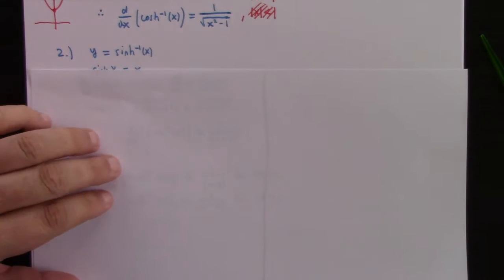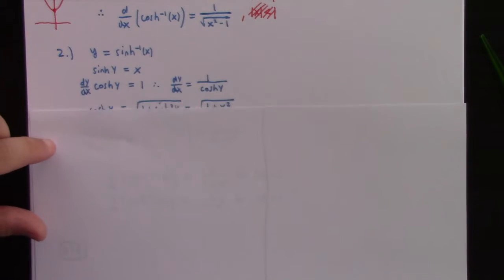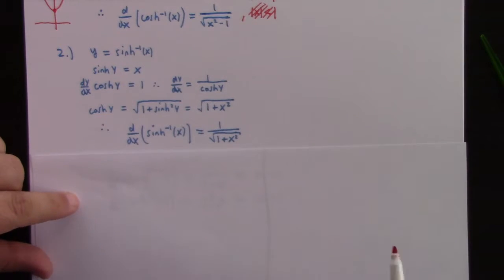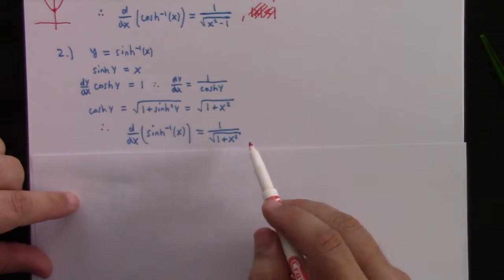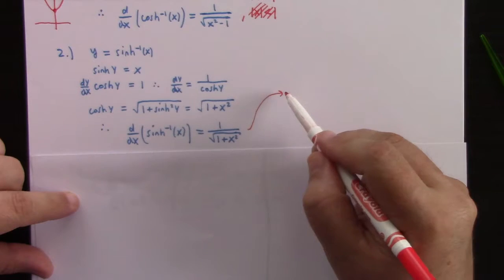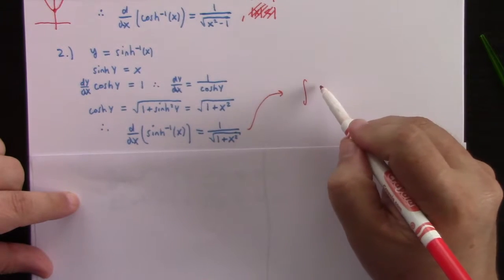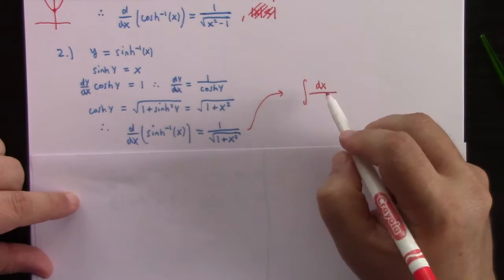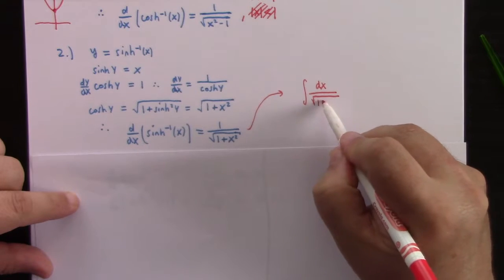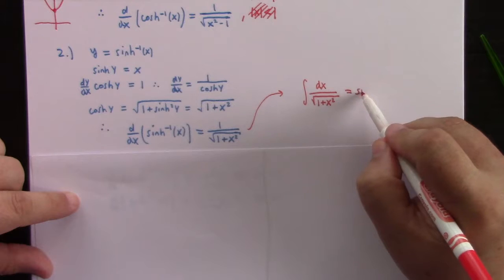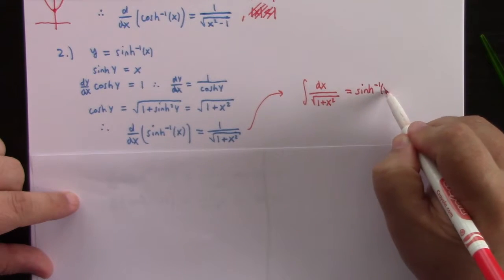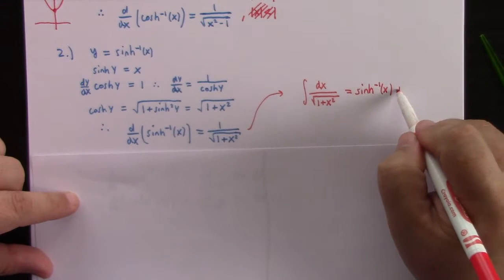The other thing is, for inverse hyperbolic sine, we can go through the same calculation, and it brings us to the fact that the derivative of inverse hyperbolic sine is 1 over the square root of 1 plus x squared. And from this, we get another basic integral: the integral of dx over the square root of 1 plus x squared is equal to inverse hyperbolic sine of x plus a constant, of course.